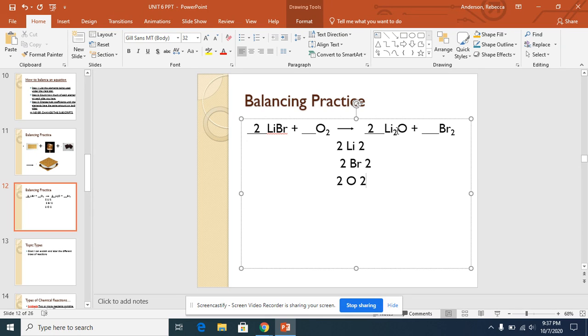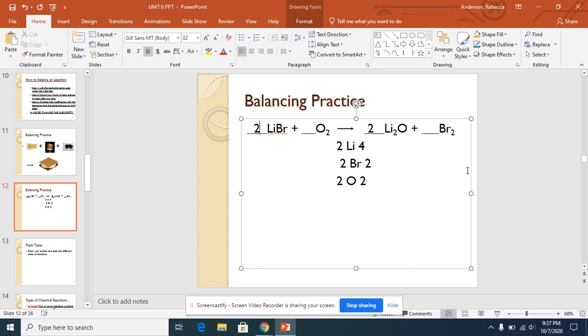But look, that changes Li to 4, because you'll do 2 times 2, which is 4. So now our Brs are equal, our Os are equal, but our Lis are no longer equal. So that means we're going to have to go back and change this number again. And with balancing reactions, it's just a back and forth until every element's the same on both sides.